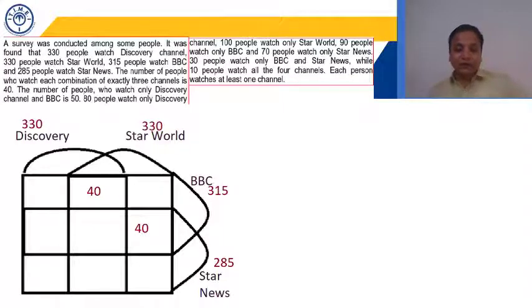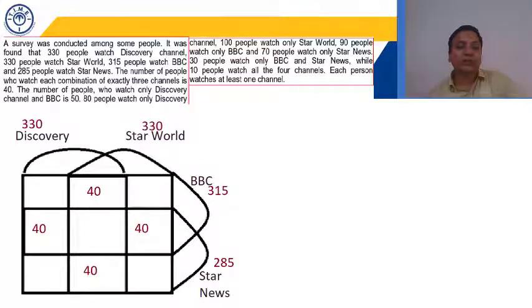This next 40 is outside Discovery, but it is inside Star World, inside BBC, and inside Star News. So watching 3 channels. Now this third 40 is outside BBC, but it comes into Discovery, Star World, and Star News.